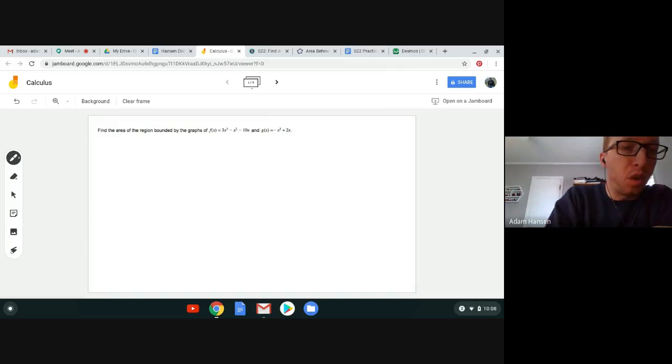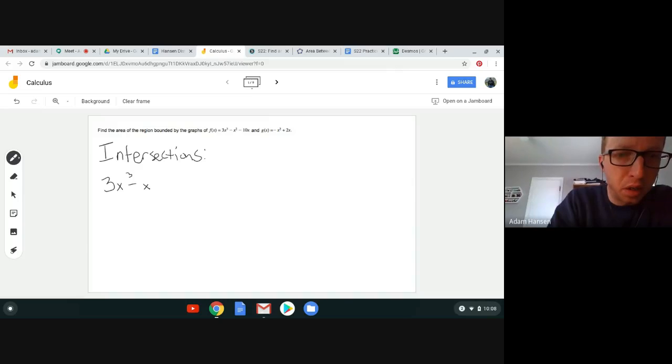So as we've done before, let's go ahead and find the intersections. What are the bounds from left to right for this given region? So where is 3x cubed minus x squared minus 10x equal to negative x squared plus 2x?